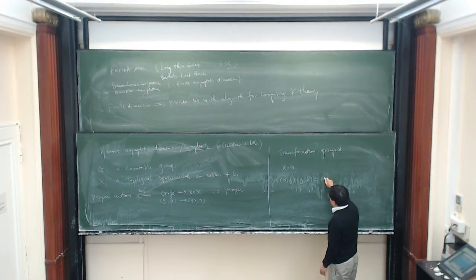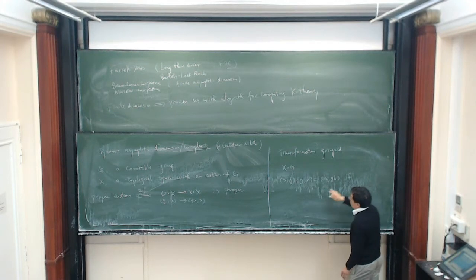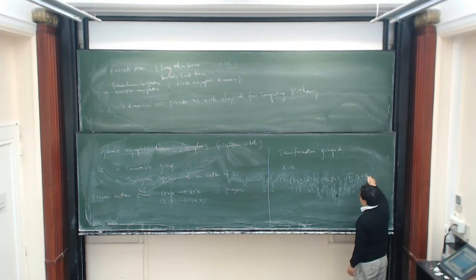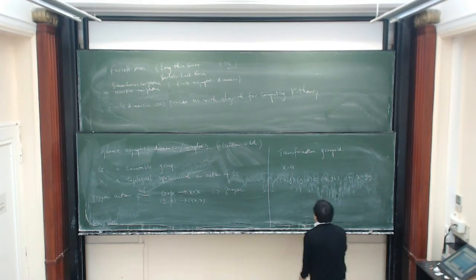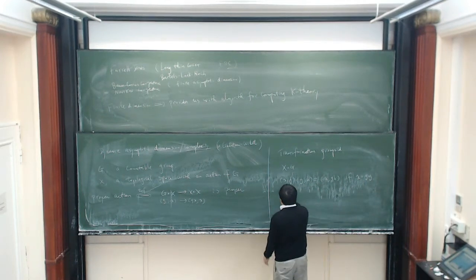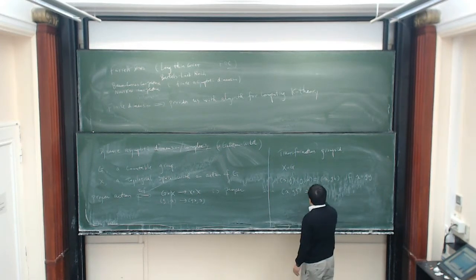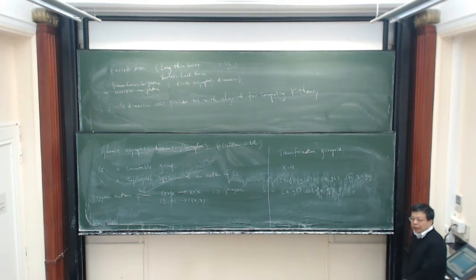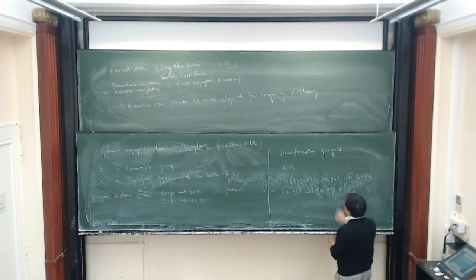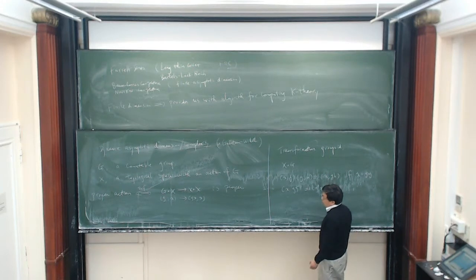So the product is just defined to be this, but only if the element x is equal to gy. This is how we define the product. And of course, once you have a product, then you can have an inverse. And if you multiply this element with its inverse, it's going to be x comma the identity. Okay, so this is the so-called transformation groupoid.